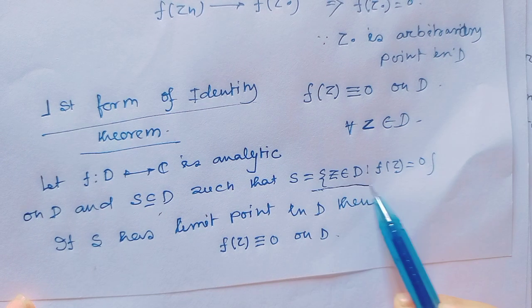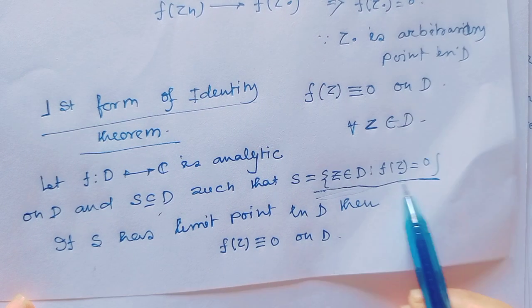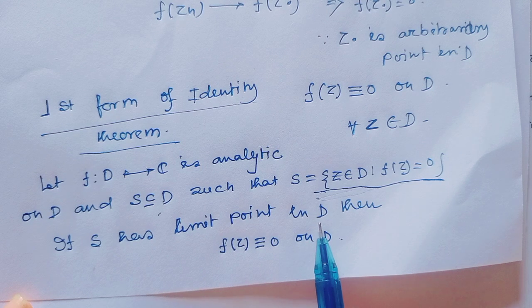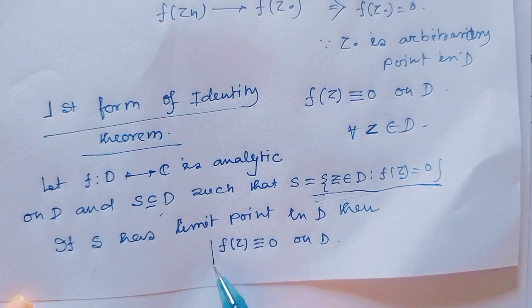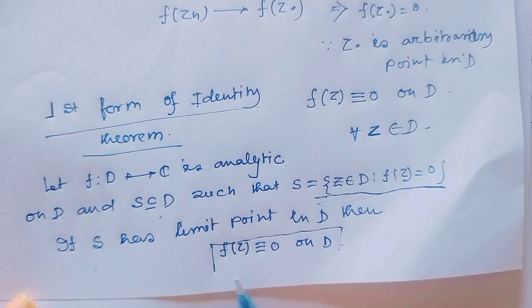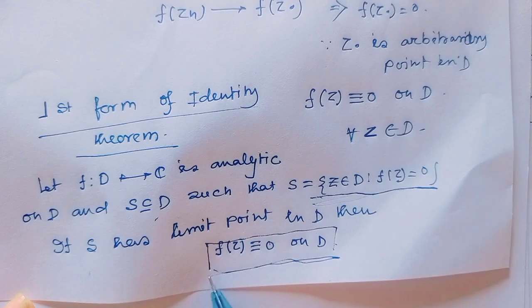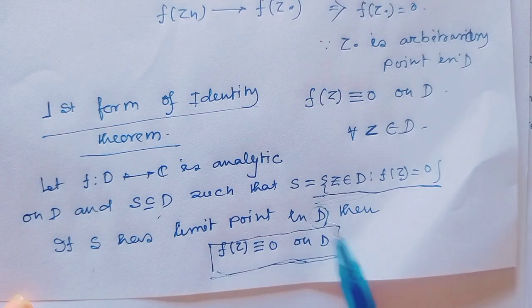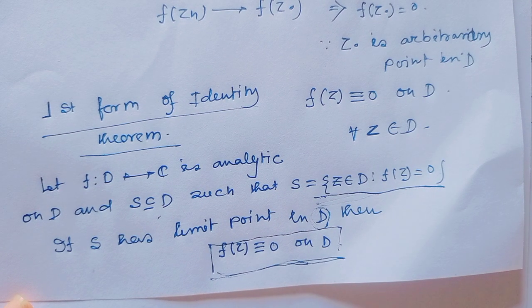If S is this set of zeros, and if S has a limit point in the domain D, then f(z) is identically 0 on the domain D.